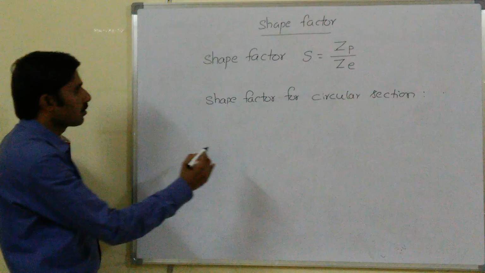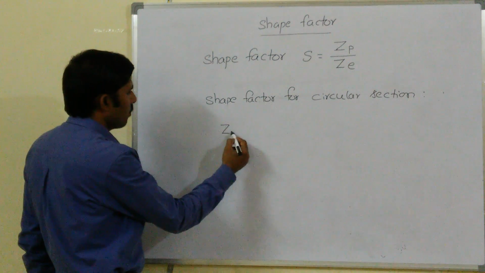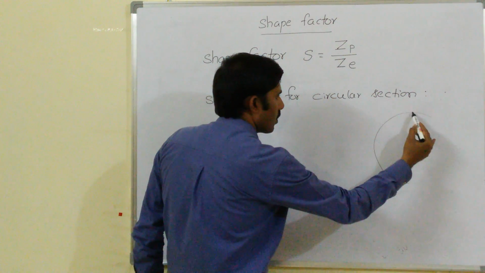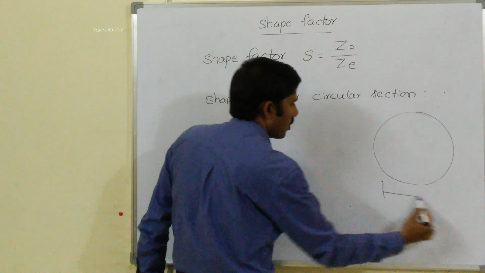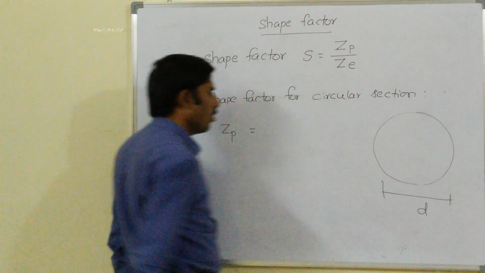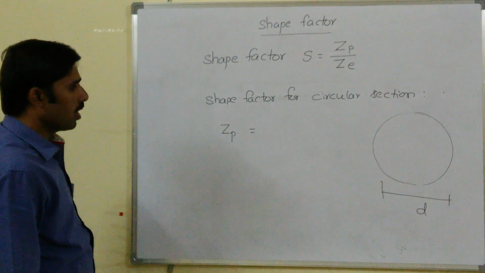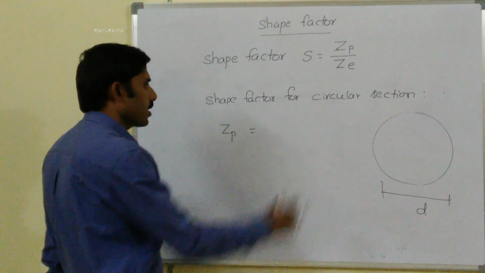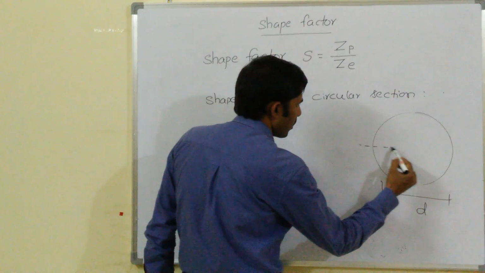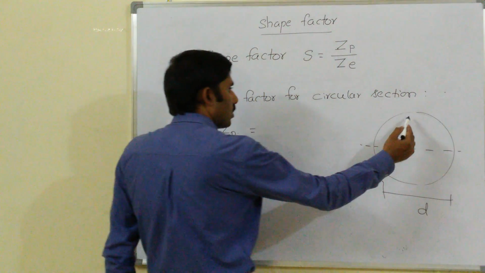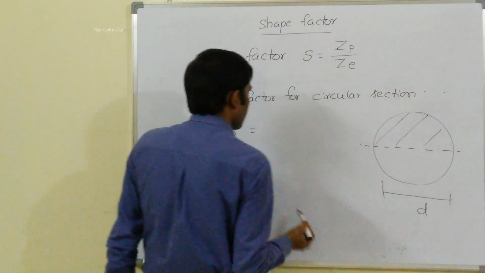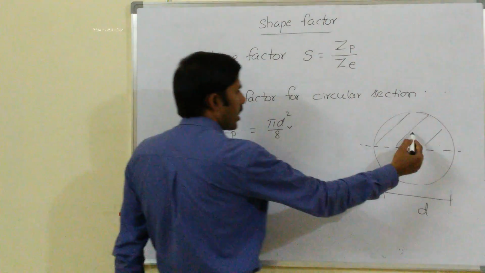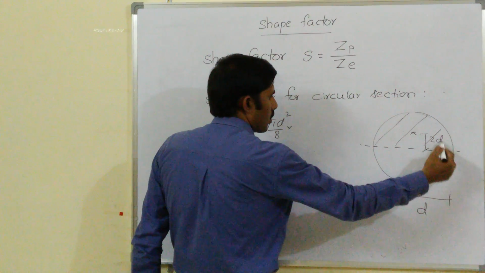What is Zp for a circular section of diameter D? Already we have learnt about plastic modulus for this circular section, that is equal area axis. This area is pi d square by 8 into the central distance here to here, 4d by 3 pi.